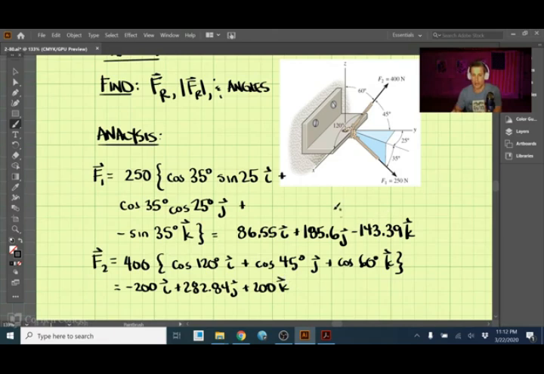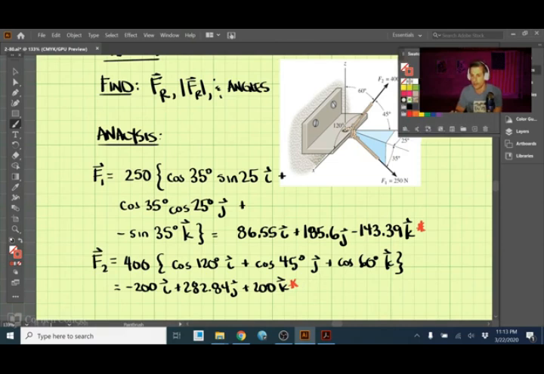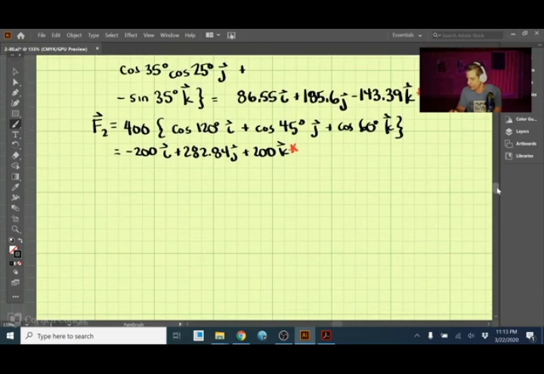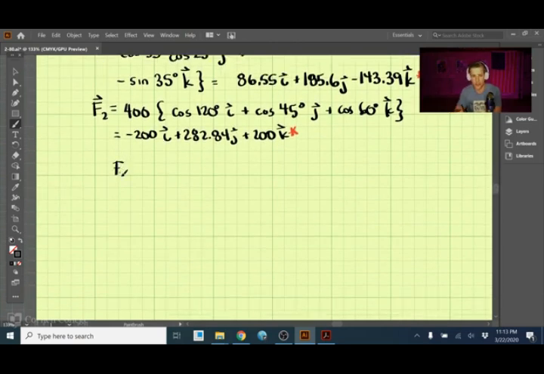So now we have these equations for both F1 and F2. To find the resultant vector, all we need to do is add those two together. So taking F1 and F2 together, we have F resultant R is equal to F1 plus F2.